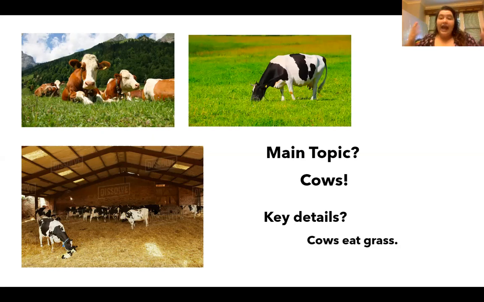So I could say cows eat grass. Now, main topic, everyone should have the same main topic, but there is more than one key detail. I could say that cows sit down or cows live in barns. Those are all key details. Okay, so remember, main topic is what the story is mostly about. Key details tell us something about the main topic.